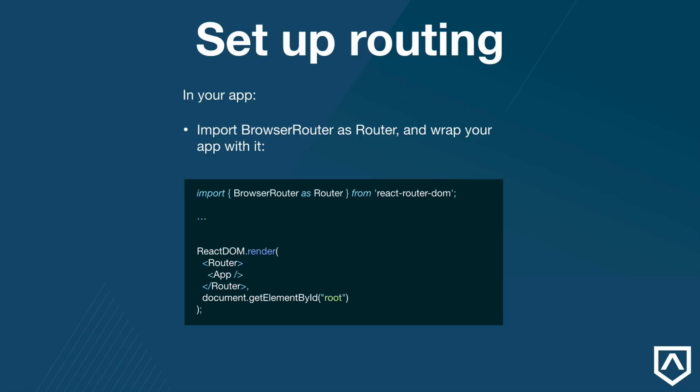So in your app, this is going to be probably in your index.js file. You're going to import BrowserRouter as Router from react-router-dom. And then you'll wrap your app component with Router inside the ReactDOM.render function call.